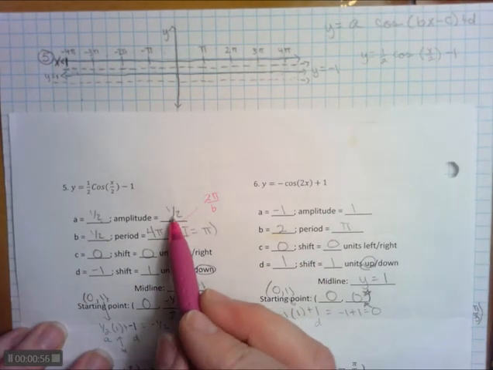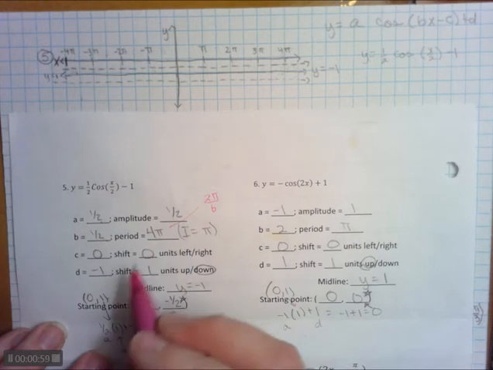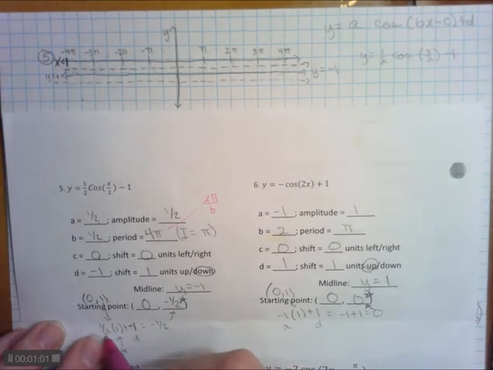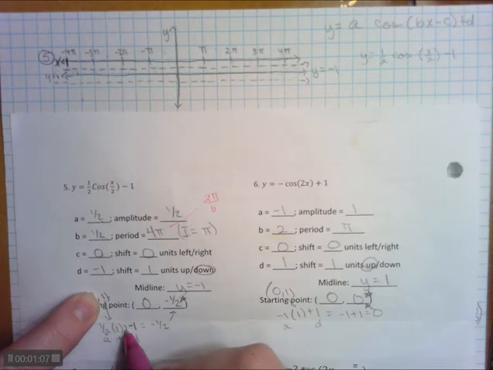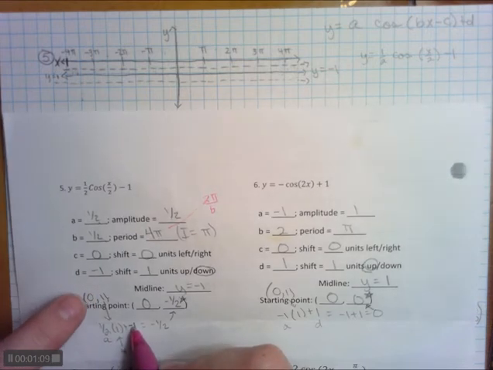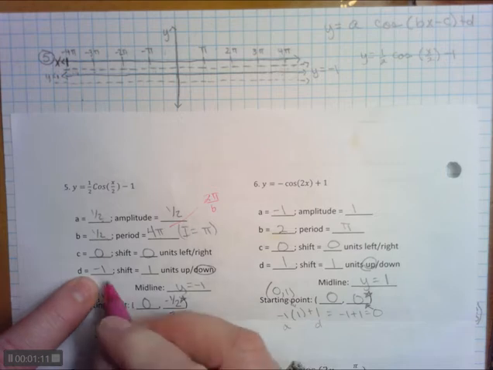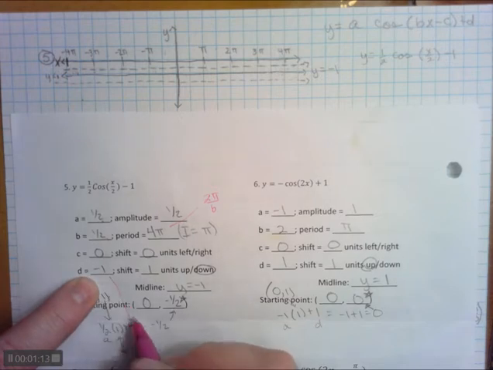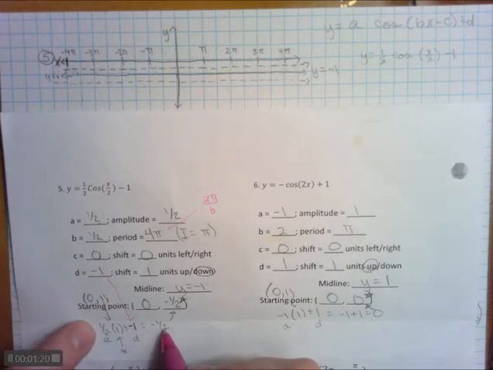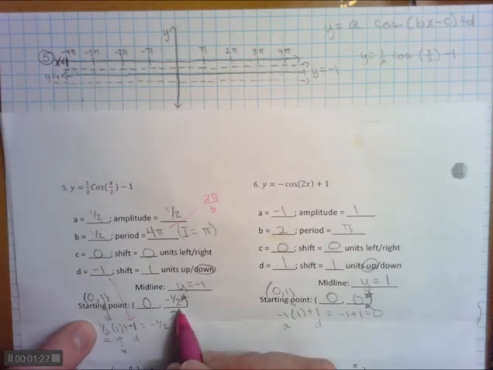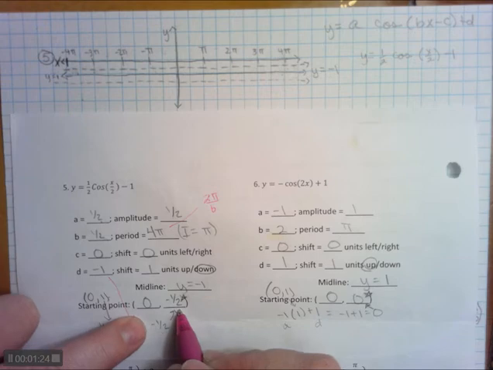Not only that, but the amplitude's a half. So my starting point, I have to do 1/2 times that y value plus whatever my midline is, which is -1, equals -1/2. So if you do all of this, you get -1/2. So this is where it's starting, at -1/2.